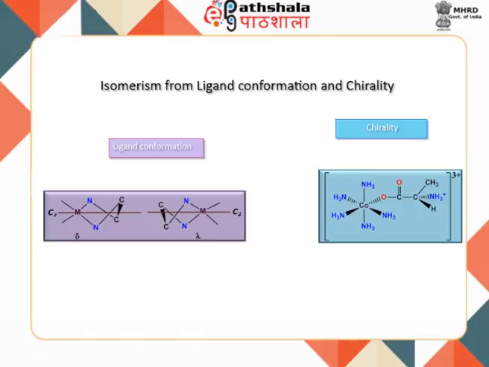One is labeled as lambda and the other is delta. It is also clear from the figure on the slide that these conformations are non-superimposable mirror images. However, they have little conformational stability, since there exists a low energy barrier for ring inversion. So it is not possible to isolate 2 optical isomers of a complex.